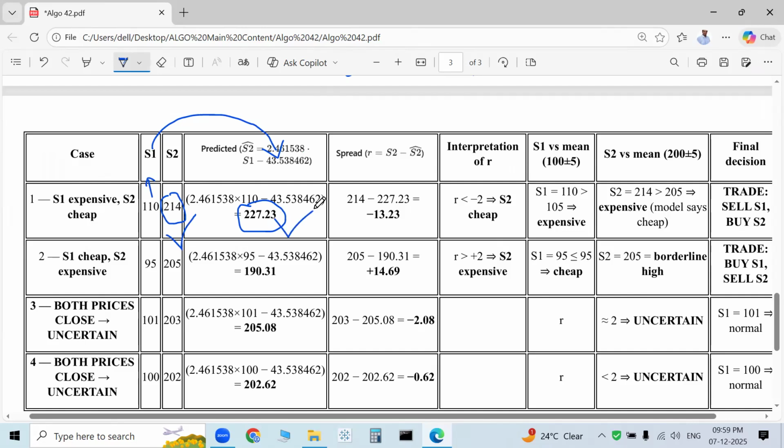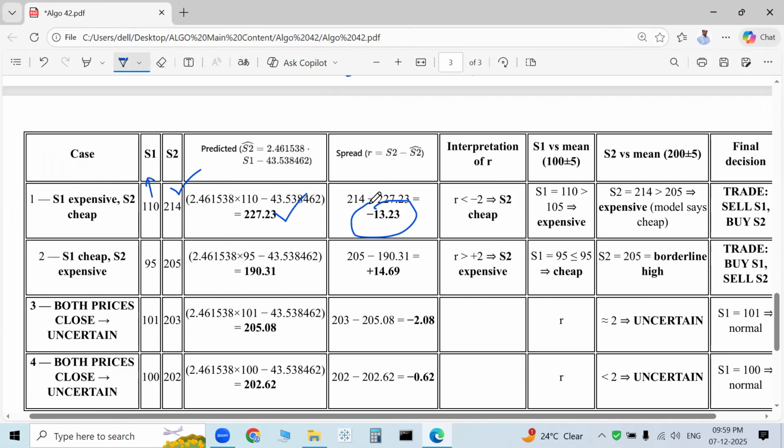This is the predicted value of S2. So the difference is 13 rupees. It means there's a chance that S2 must go up 13 rupees, not percent. The current value of S2 is 214, and the predicted value by the equation is 227. That means there is a chance that S2 must move 13 rupees upside.